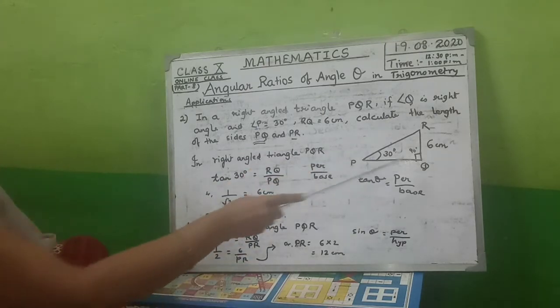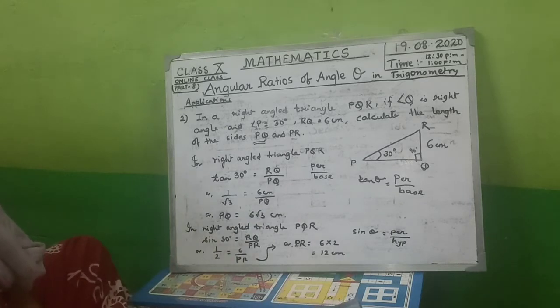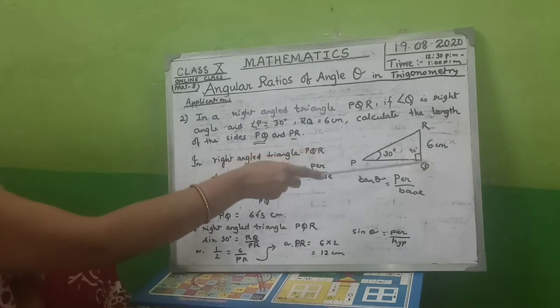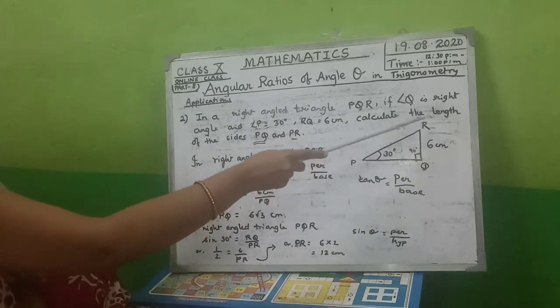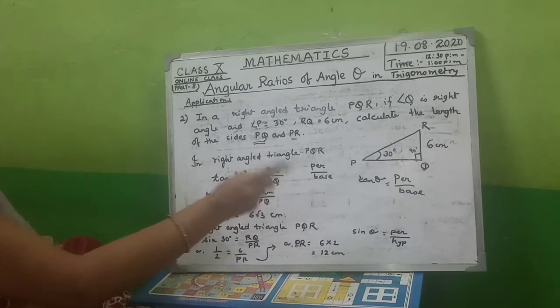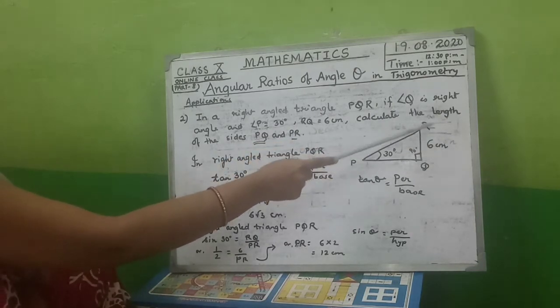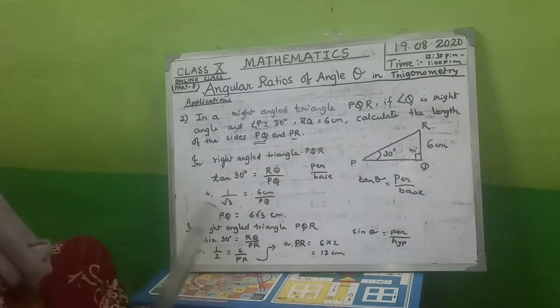Now I have drawn the triangle PQR. This is the right angle triangle PQR and the angle it is making, angle P is 30 degree. We know the height or the perpendicular is given, RQ, that is equal to 6 centimeter.